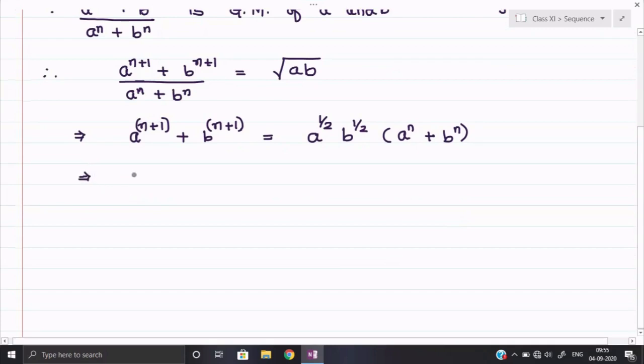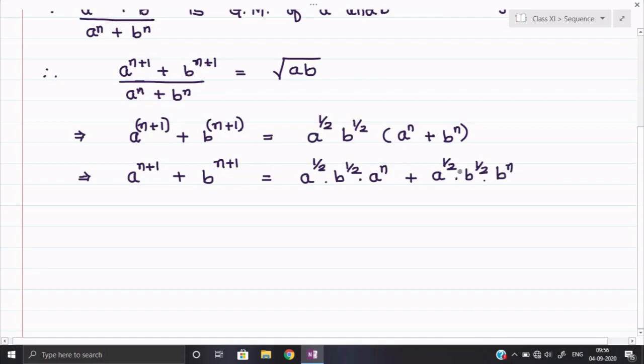So a^(n+1) + b^(n+1) is equal to a^(1/2) into b^(1/2) into a^n. These three terms will multiply. Similarly, the term lying outside will multiply with b^n: a^(1/2), then b^(1/2), and then b^n.